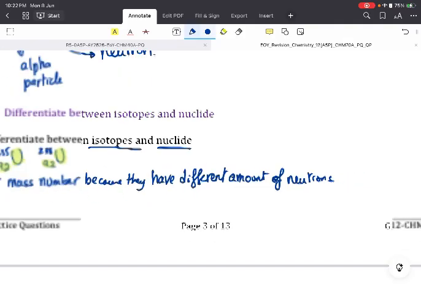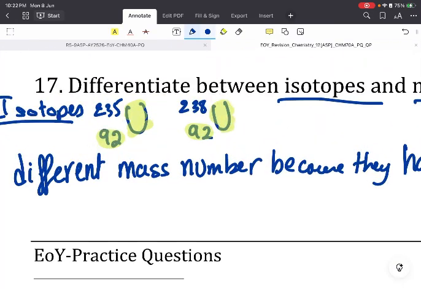So if I subtract 235 minus 92, the first one has 143 neutrons, whereas this one, 238 minus 92, 146 neutrons.